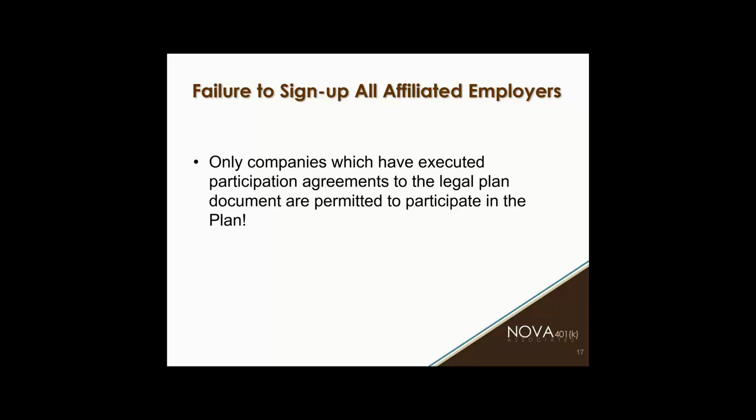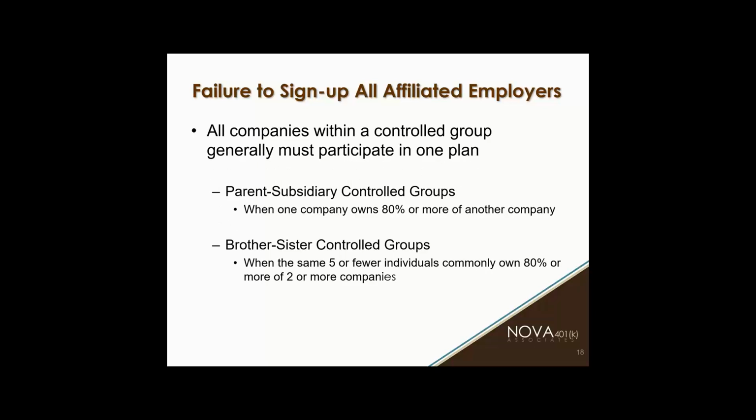Okay, and then there's special testing we have to do to make sure that that's even permitted. Normally you want all of the employers to be participating in one plan. So what is this affiliation? The most common type is called a controlled group. And generally, if you have a controlled group of companies, you want all of them participating in the same plan. Now, what is a control group? There's 2 varieties.